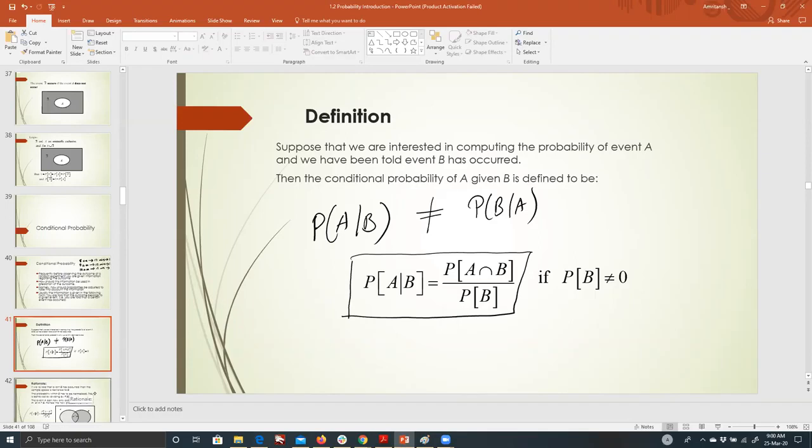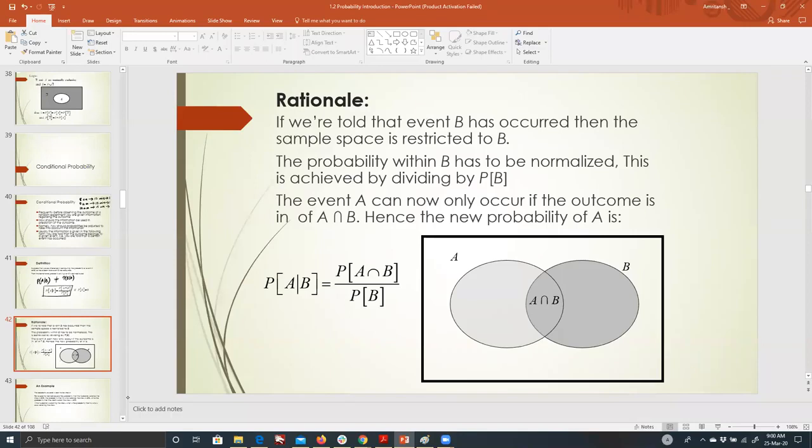So let me explain this through the picture. The moment we are told that event B has occurred, the sample space is restricted to B itself. If someone is saying calculate the probability of A given B has already occurred, then your probability space has shrunk from the whole S to just B, because only in terms of B can everything now be defined. Now we have to find which A events can even happen, and they can of course happen within the confines of B itself, because B is dictating the terms here.